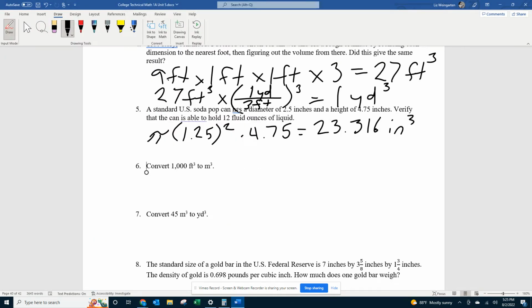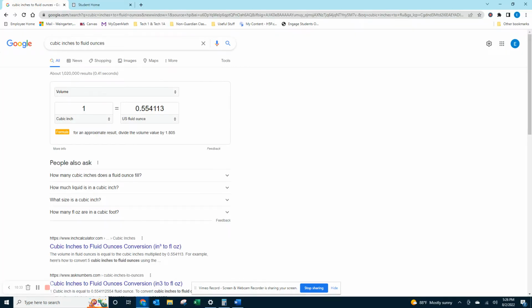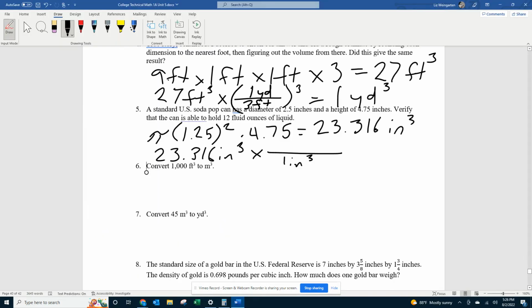So 23.316 inches cubed times, we're going to want cubic inches on the bottom, for 1 inch cubed, we have 0.554113.